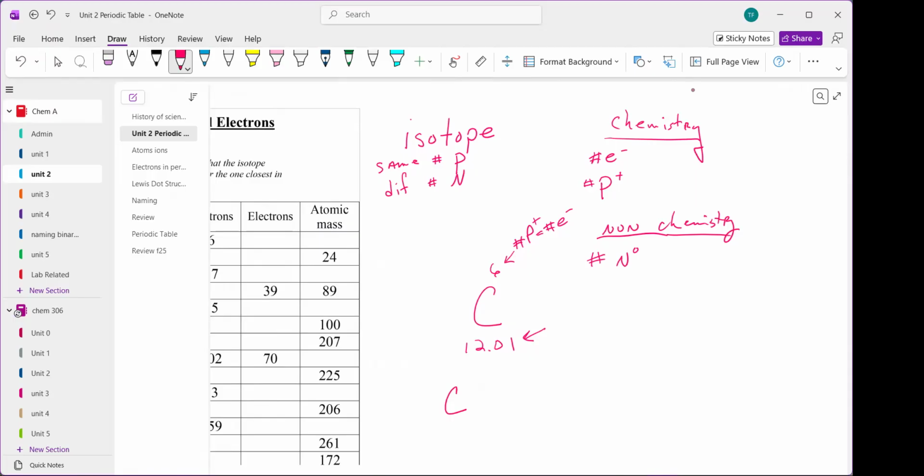There's carbon 12 and carbon 14. Very common isotopes. Now, the bottom number is the number of protons, right? Number of protons determines what element the name is. Nothing else, only protons, no exceptions.